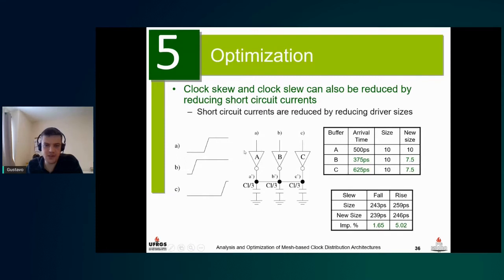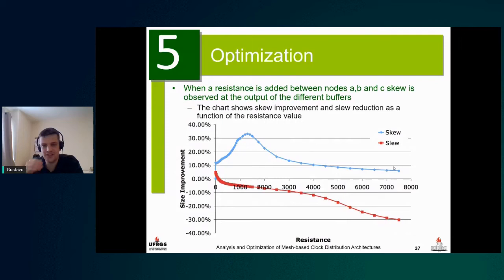In this case, A is arriving pretty close to the average arrival time, B is arriving early, and C is arriving late. If we simply take those buffers that are farther away from the mean and reduce their size, we are able to achieve an improvement in the clock skew and also in the clock slew. Besides, it has the added advantage that we are downsizing the buffer, so it will reduce the power consumption of the clock network driving the clock mesh.